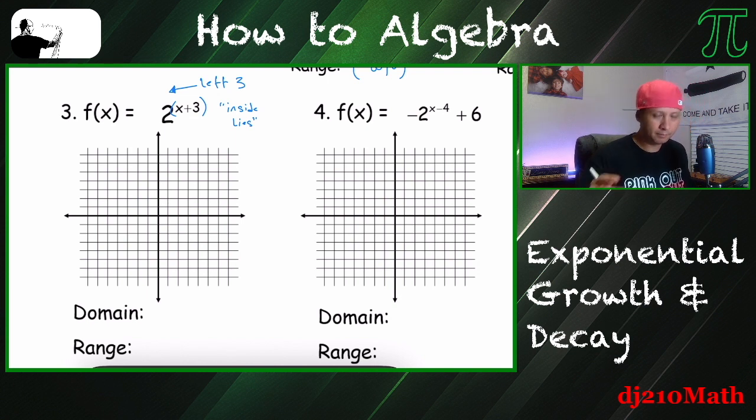X plus 3 gives you the feeling it should go right because it's a plus, but it's actually the opposite of that. Our key points are all going to shift left. So 0, 1, 1, 2, 3, 1, 2, 1, 2, 3. So there it is. It's shifted to the left.